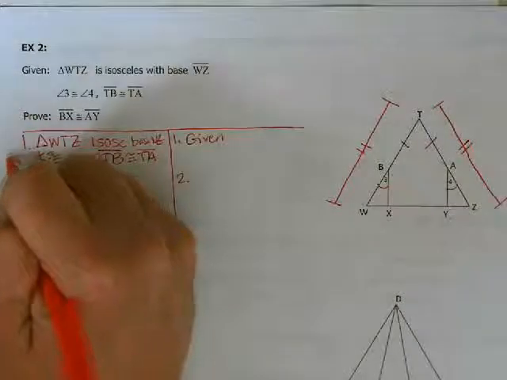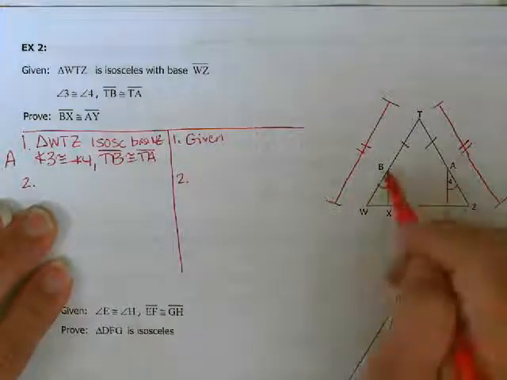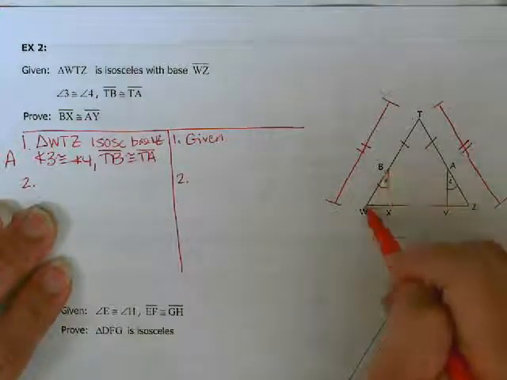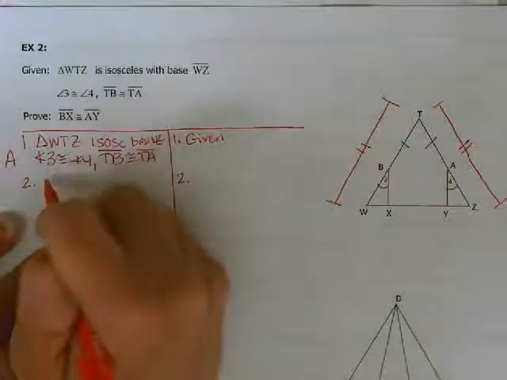Now, right now we have one angle in these two triangles. I can get BW congruent to AZ if I use subtraction.